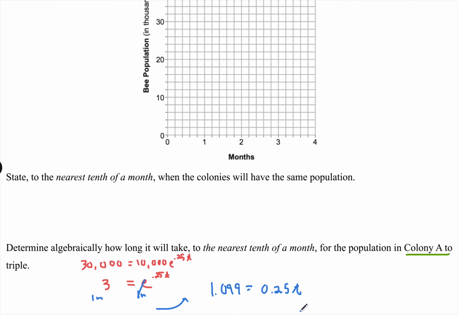Last little step, divide by 0.25. What am I left with? t equals 4.39 or 4.4 months. Whew. And we're good to go. Hopefully that helped and didn't just make you more confused. But part 6 is in the books.